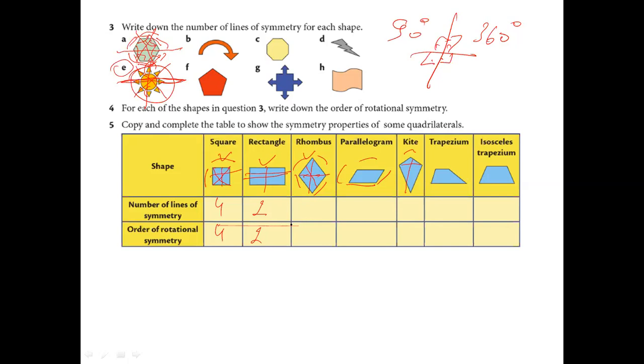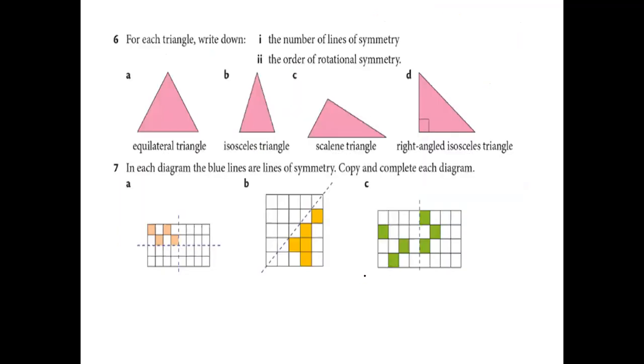And for the order of rotational symmetry, when you rotate by 90 degrees and 180 degrees, if the original shape is not changing, it has two or four or one order of rotational symmetry. Others, please check yourself and send me. If you want, you can send me by the page. I'll wait for your answers.